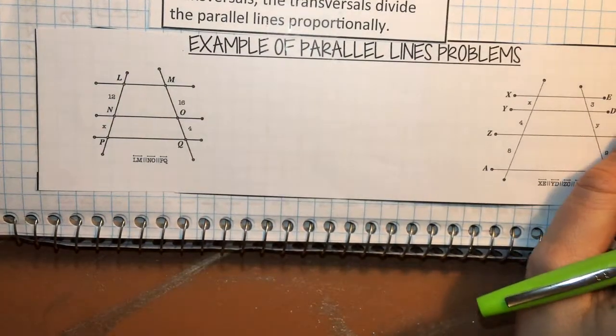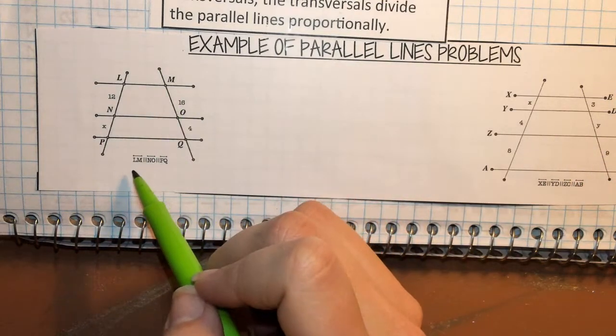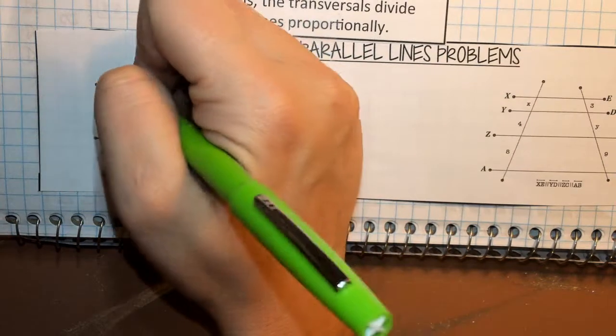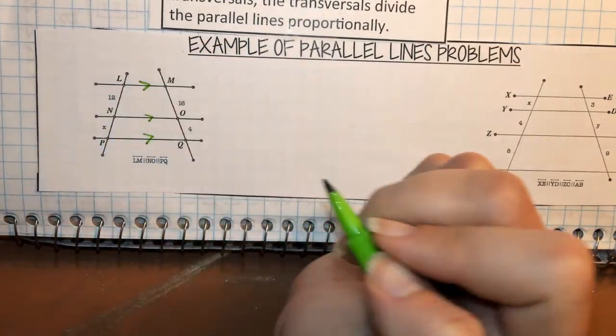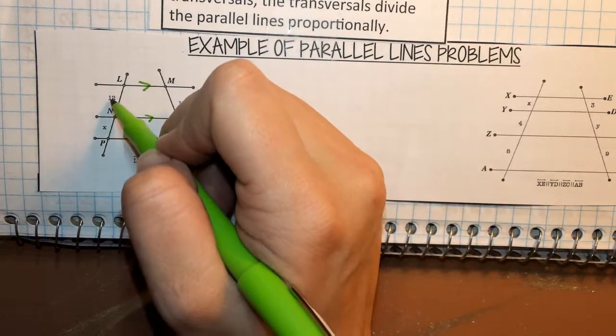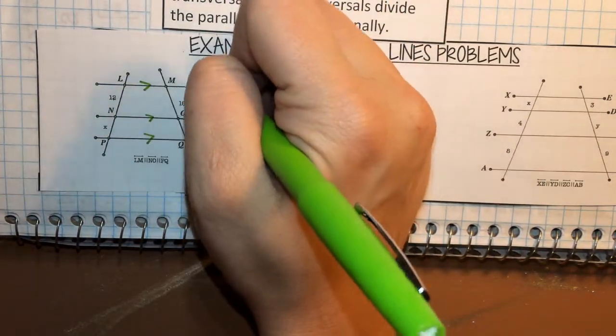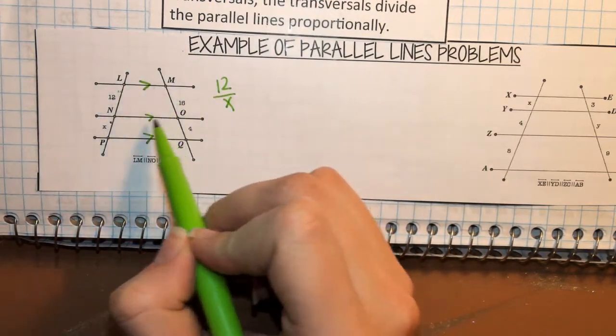Let's look at our example. Okay. Now it tells us in baby tiny letters that LM is parallel to NO, which is parallel to PQ. Now let's look for x. We're going to do 12 divided by x because those are on the same side. These two are proportional to each other because these are parallel.